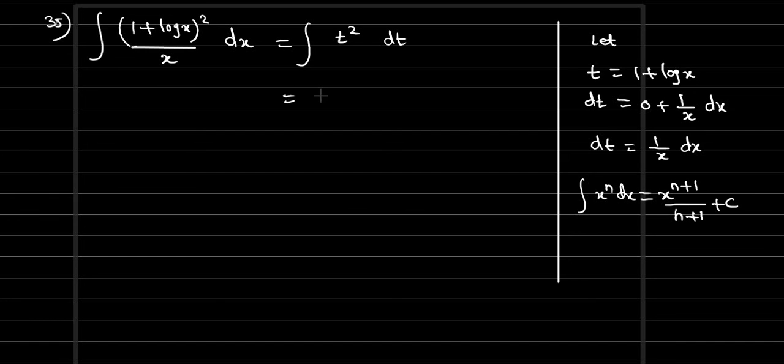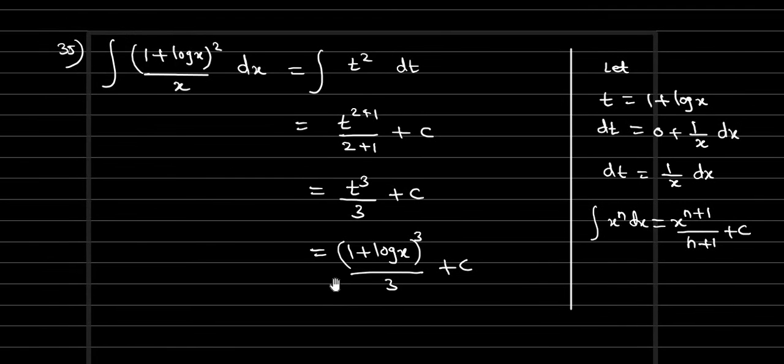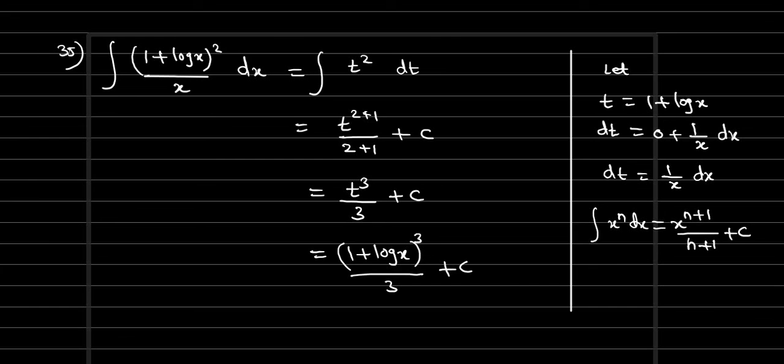So as per the formula, we'll proceed this. So power is 2, we can add plus 1, and same power we can repeat in denominator and plus c. So t cube by 3 plus c. So what is the t here? 1 plus log x. So 1 plus log x whole cube by 3 plus c. So that's all the 35th sum.